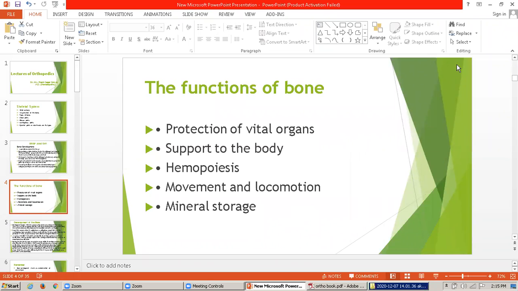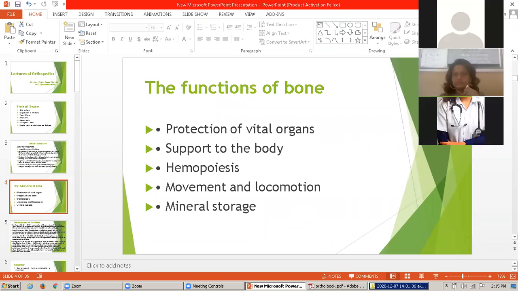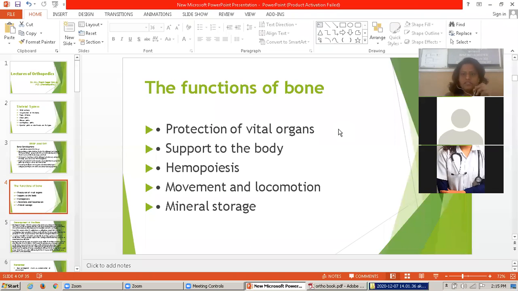Then when we study the functions of the bone, mainly the bone gives protection of the vital organs. It supports the body, hemopoiesis, then it gives movement and locomotion, and finally mineral storage.